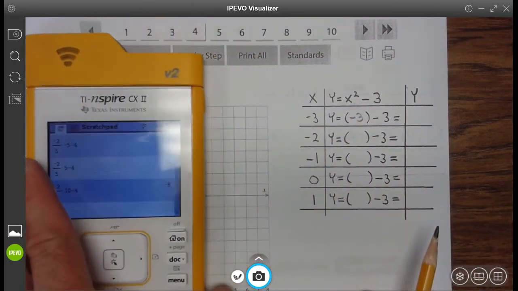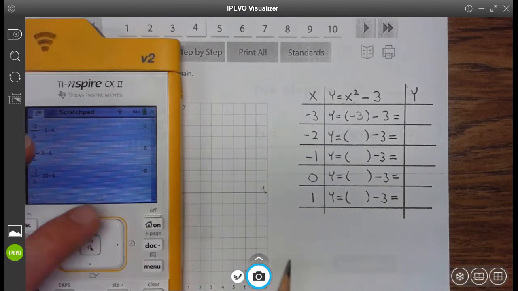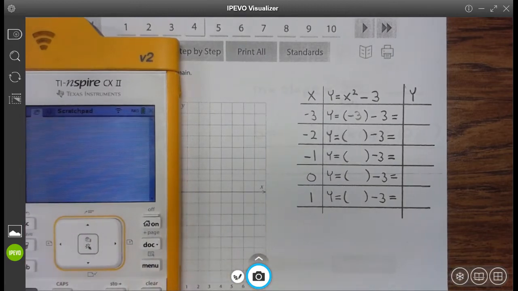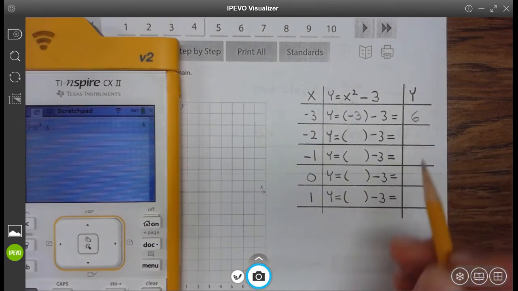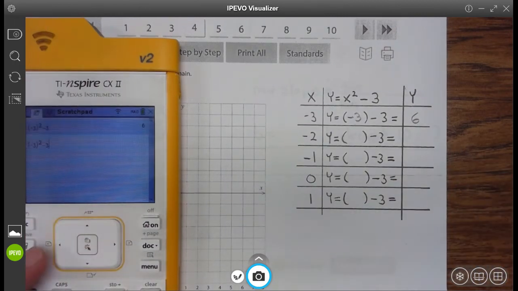So I'm going to delete my work from the previous problem. I'm going to have parentheses -3 squared minus 3, which is 6. And I'm going to highlight enter, change the -3 to a -2.